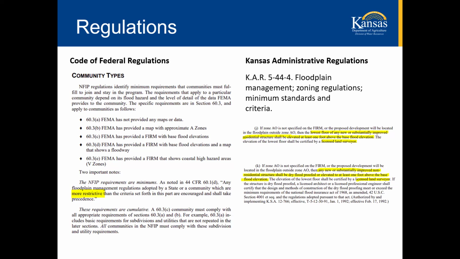And because they are considered zones, the Kansas zoning regulations apply. So we have state-specific requirements for zoning regulations that are then incorporated into the floodplain regulations. And we have all of that written into our model ordinances.